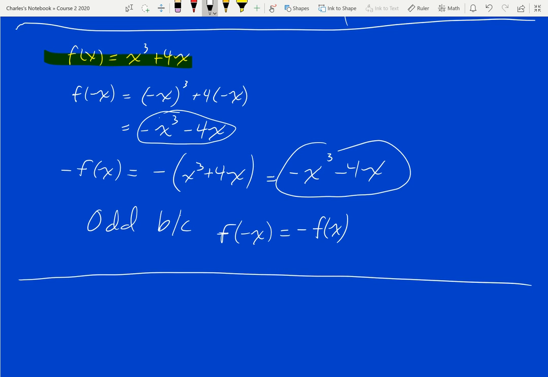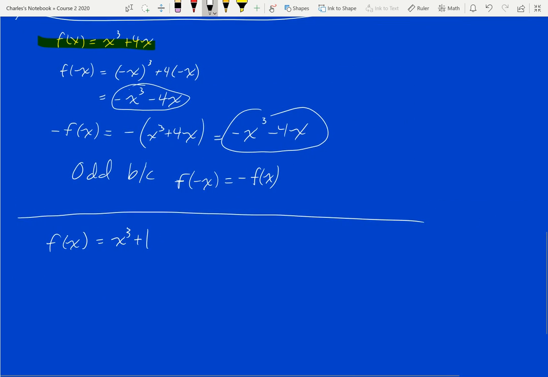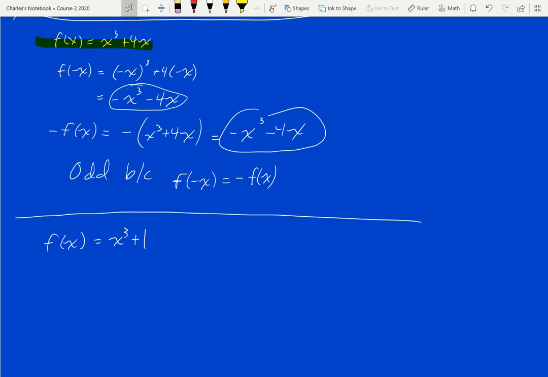Let's say I have f of x is equal to x cubed plus 1. I look at it and I might think it's got an odd exponent, so it's probably not going to be an even function. But let's just evaluate what is f of negative x. That's going to be negative x cubed plus 1. And what is negative f of x going to be?